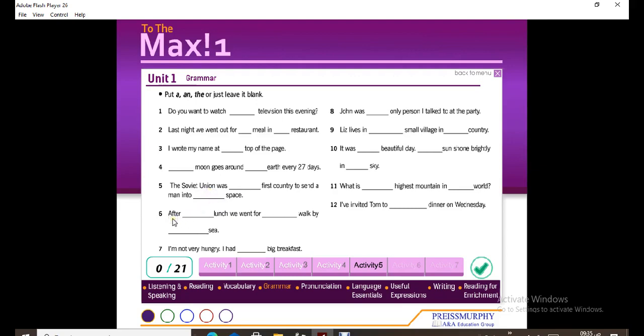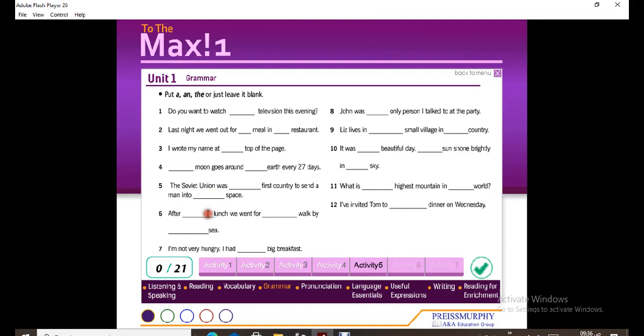Go here to number 6. Before meals, I mean breakfast, lunch, dinner, I'm going to leave the blank with nothing. After lunch, we went for a walk by the sea, a specific place by the sea.